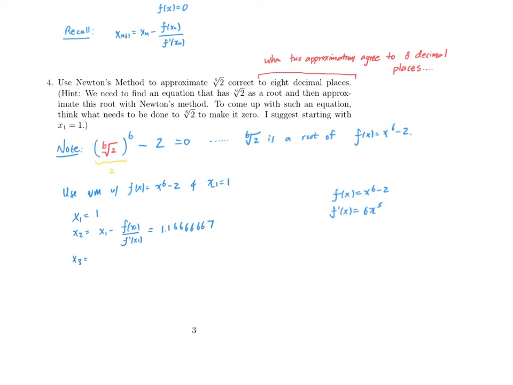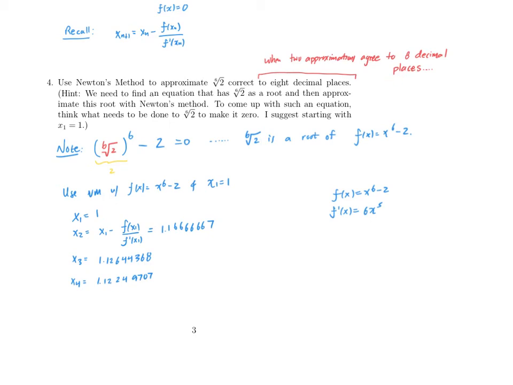When I use my calculator to get x3, I would have 1.12644368. x4 is 1.12249707. And observe that I am tracking to 8 decimal places. And once I have 2 of these iterates in a row, say x3 and x4, if they were to agree in all 8 decimal places, we would have that desired accuracy.